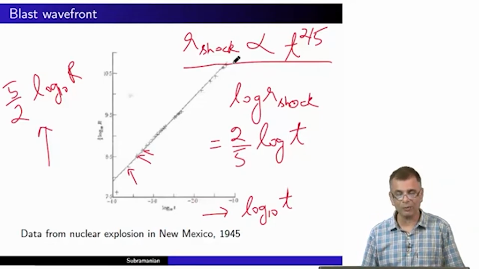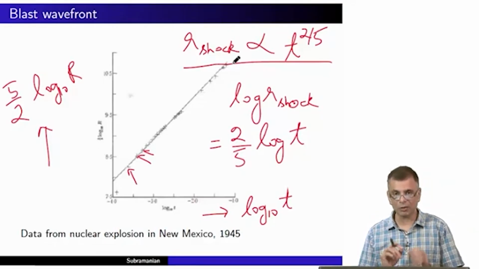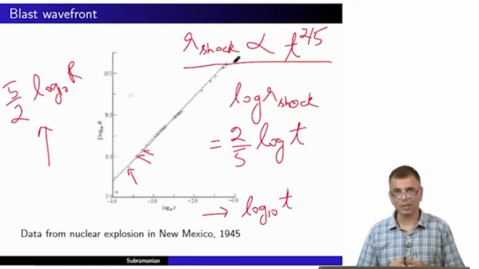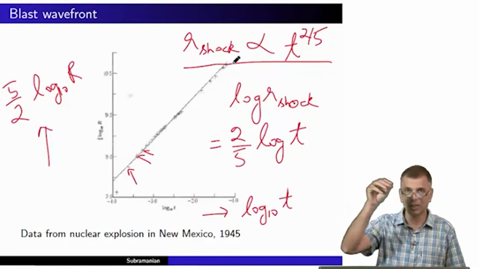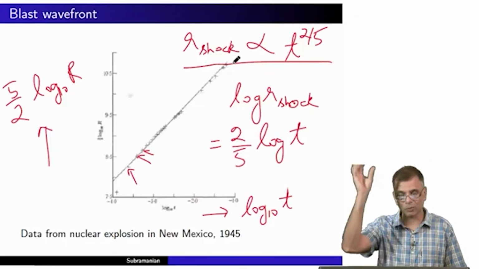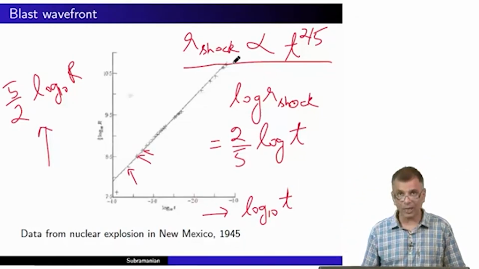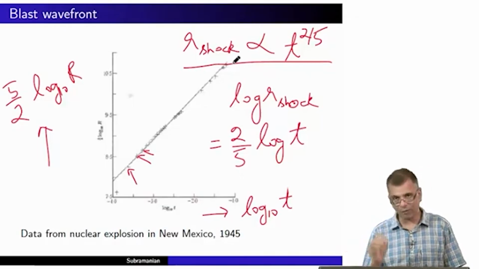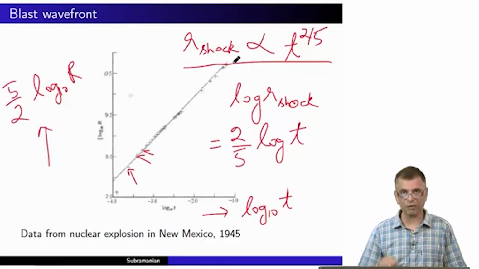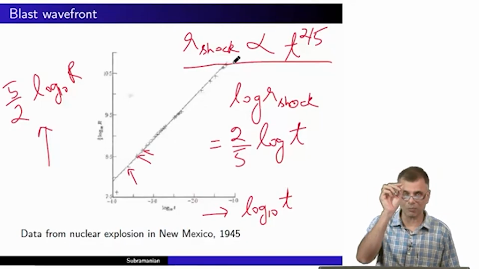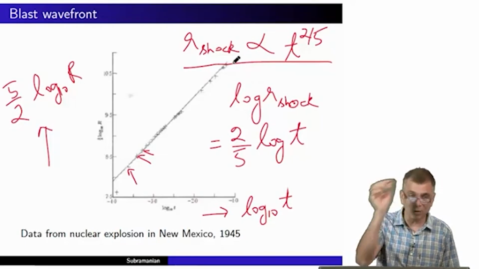And apparently what he did was he tore little pieces of paper, and as soon as he heard the sound of the blast, he just let those pieces of paper go, and he made a very quick rough calculation of the velocity with which these pieces of paper were moving.